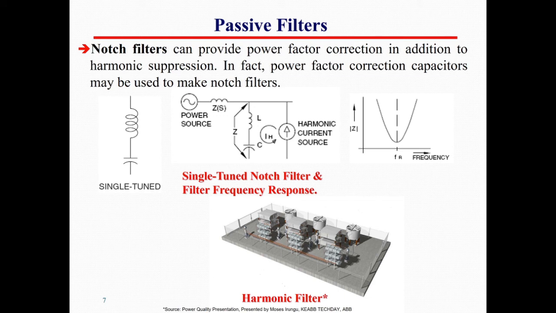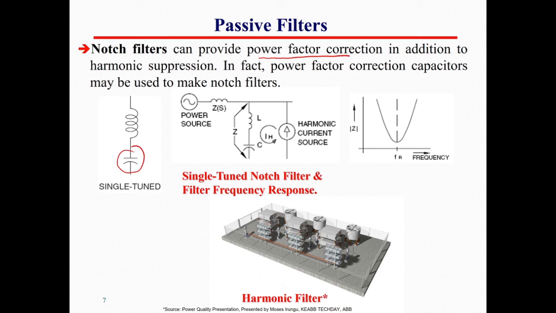So the notch filter does not only provide protection from the harmonic, or take care of the harmonic, but it will also do power factor correction, since it has a capacitor bank. So it will do two functions. It will get rid of the harmonic, okay, harmonic suppression, and it will improve the power factor as well.